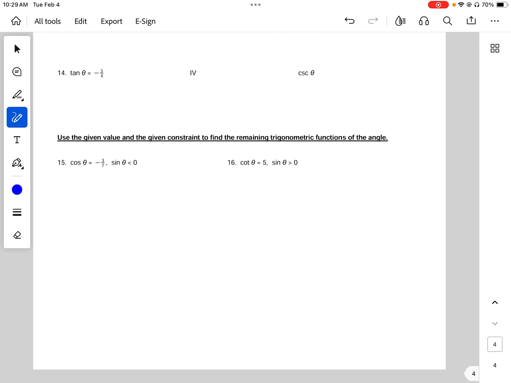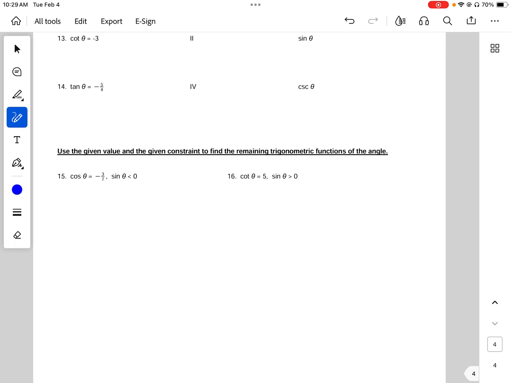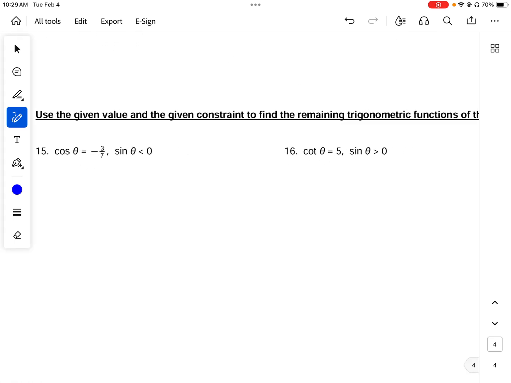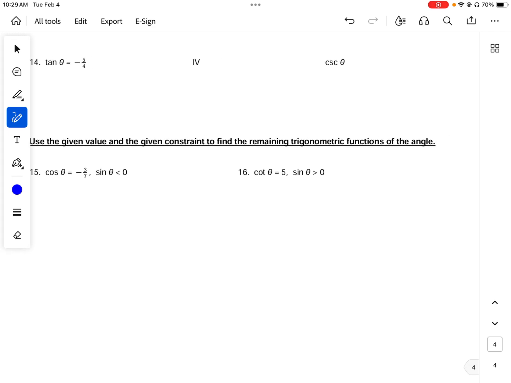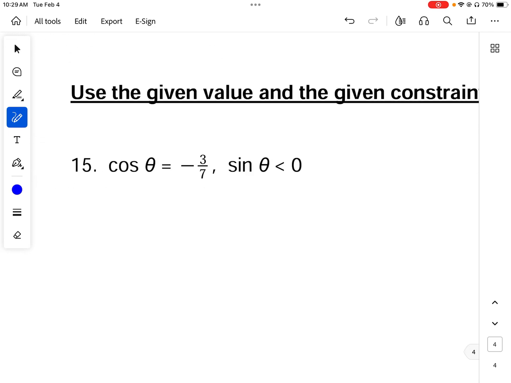Let's look at 15. Use the given value and given constraints to find the remaining trig ratios. I'm going to give you a pointer here. If you look at your formula chart, cosine is x over r, so that tells me that x is negative 3.